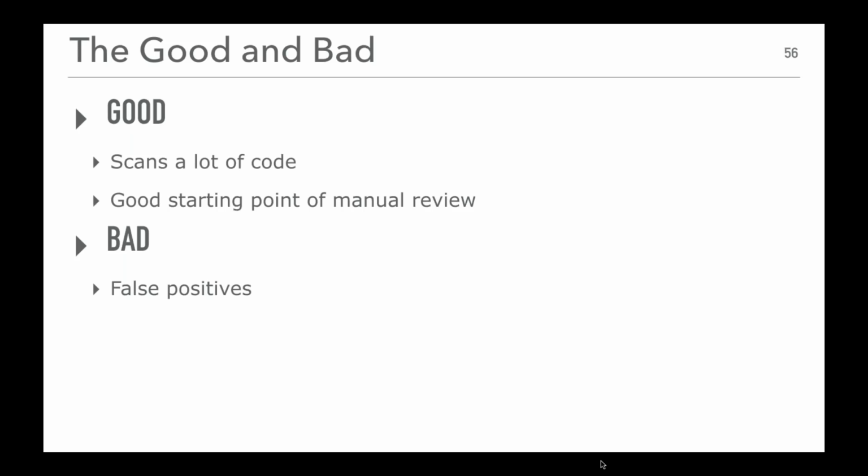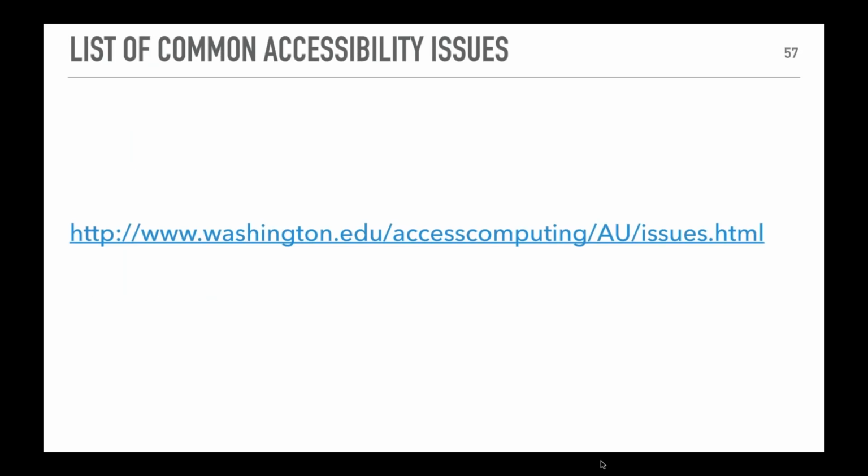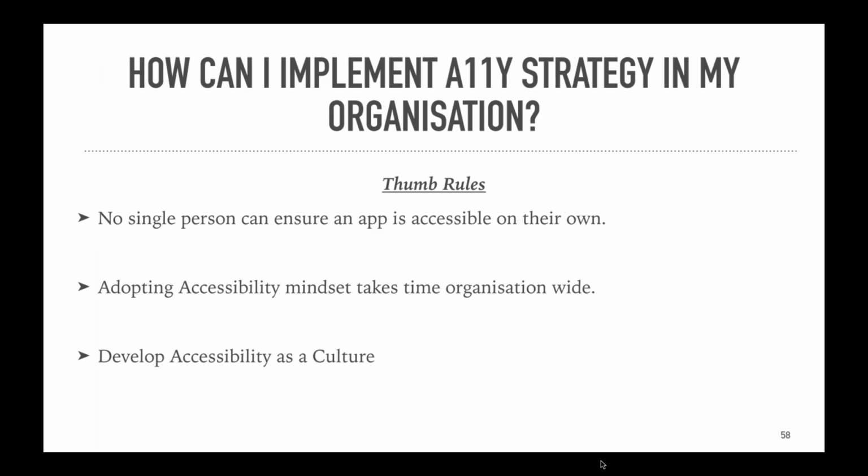But people who actually develop the workflow can make better decisions on what to do with those errors. And this link shows a nice list of common accessibility issues. You can use this as a checklist when you design your test cases for accessibility, to make sure these issues are covered and tested.